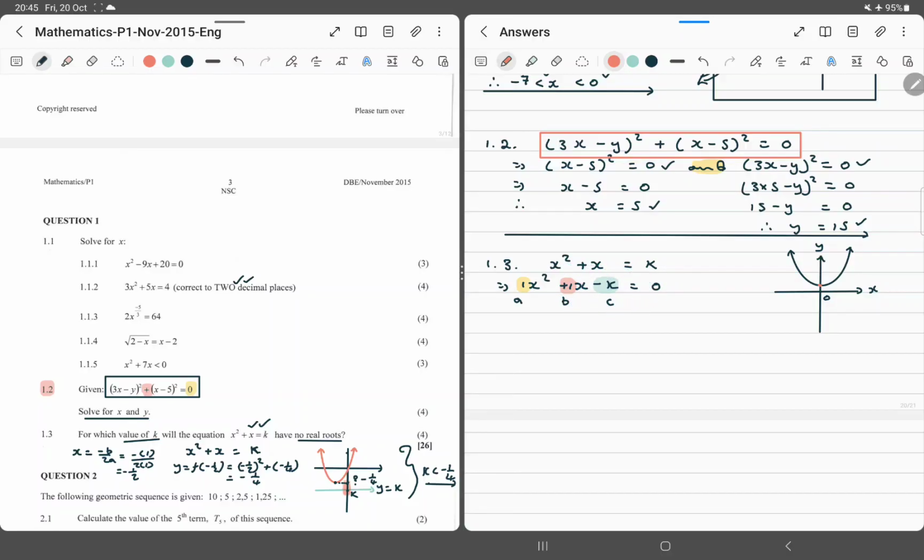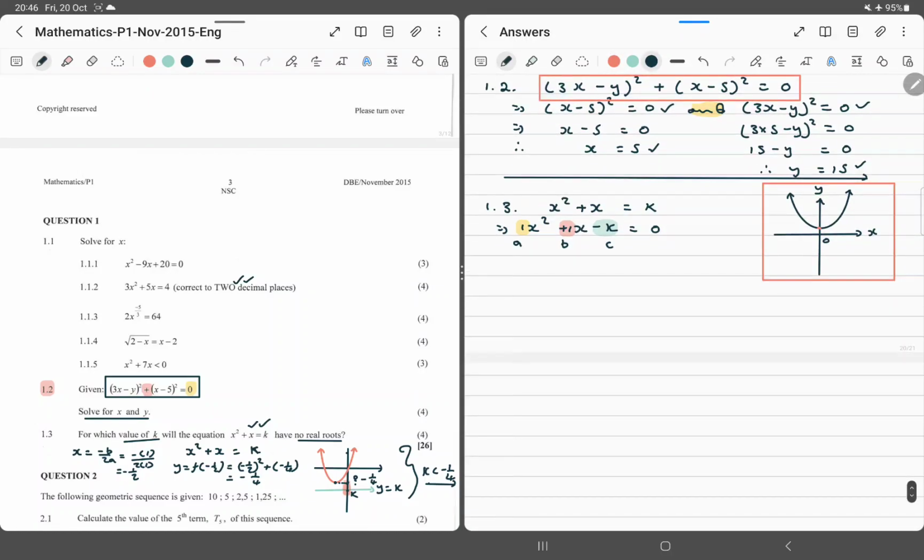We can see that k must be a positive value, but whatever that value is, it's very difficult to tell at this point. But we know this is the shape we are talking about when we say there mustn't be any real roots.